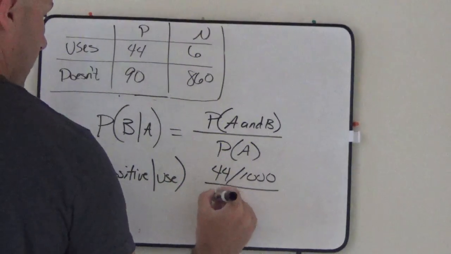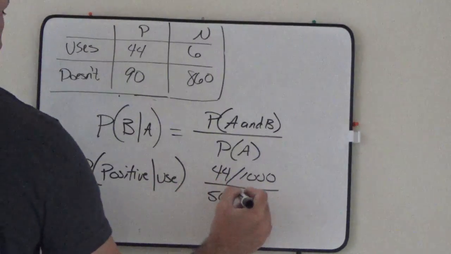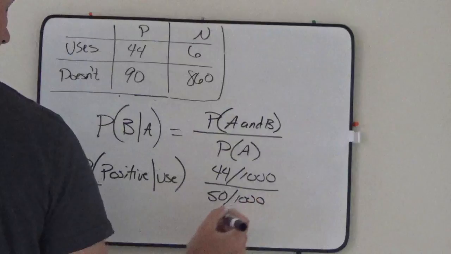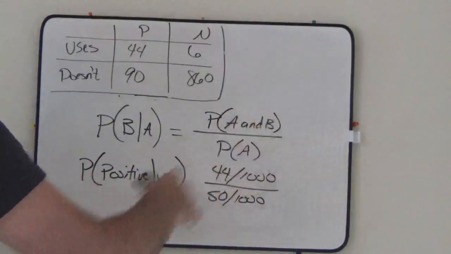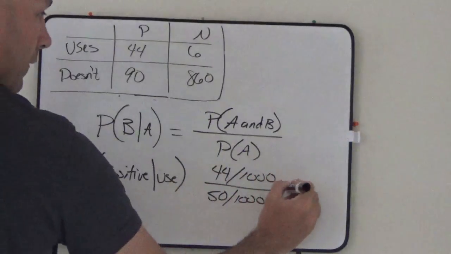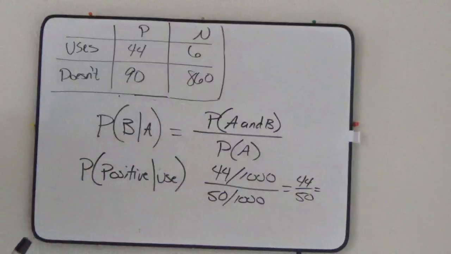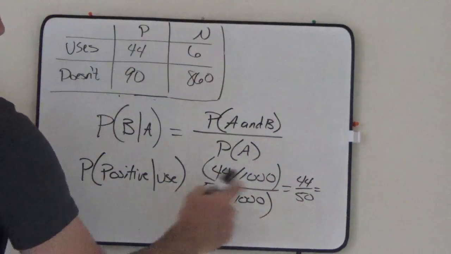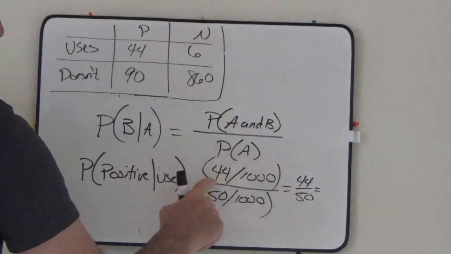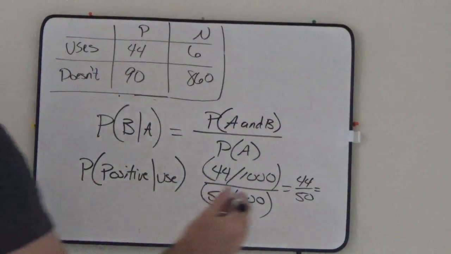So that would be 50 out of 1,000. Guys, basically what's going to happen here is you take the bottom, you flip it to the top, the thousands will cancel out, and you'll end up with 44 over 50. But either way, if you plug this into your calculator, just make sure you put that in parentheses and that in parentheses. You do this parenthesis divided by that parenthesis, and you'll end up with the right answer. And the answer you'll get is 0.88.